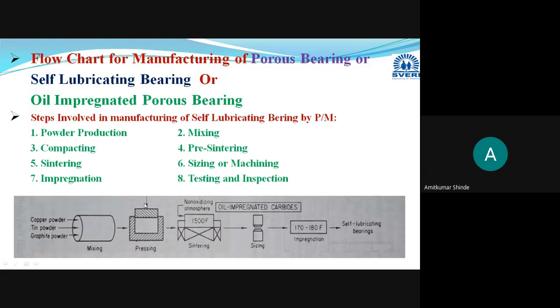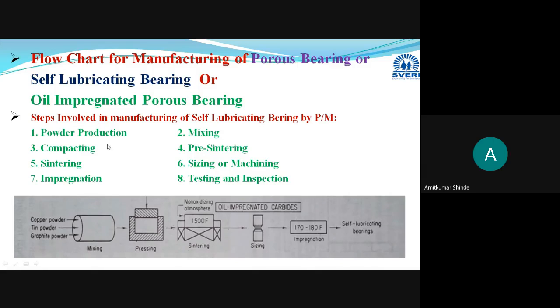In this pressing or compacting stage, you have to explain the three different steps occurring here: filling the uniform and homogeneous mixture in the die cavity, then pressing with a sufficient amount of pressure, and after that the ejection, ejecting the component from the die cavity. These three stages you have to explain here.